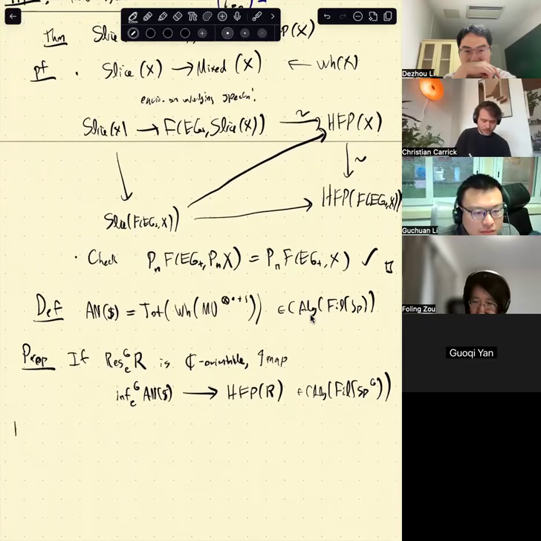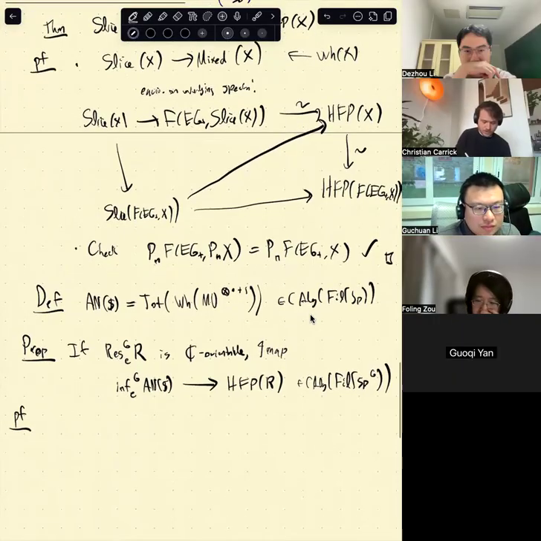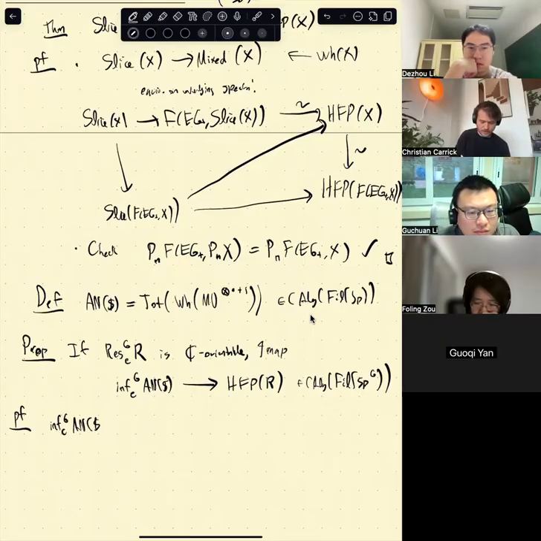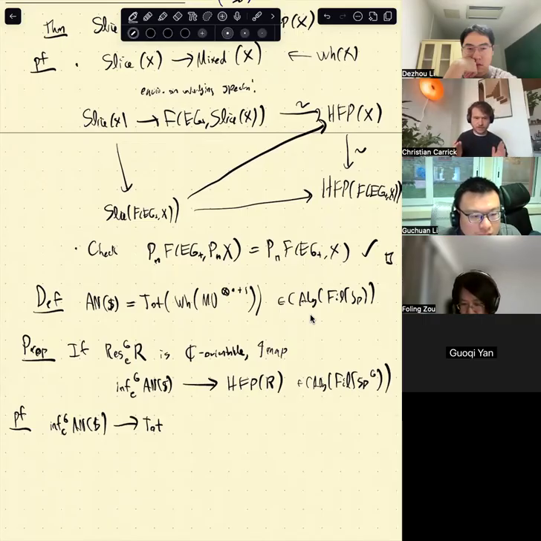So the proof is actually pretty straightforward. First I start with this thing. And this is defined in terms of this totalization. And there's a sort of limit comparison map, which describes a map between inflating this totalization or totalizing the inflation.